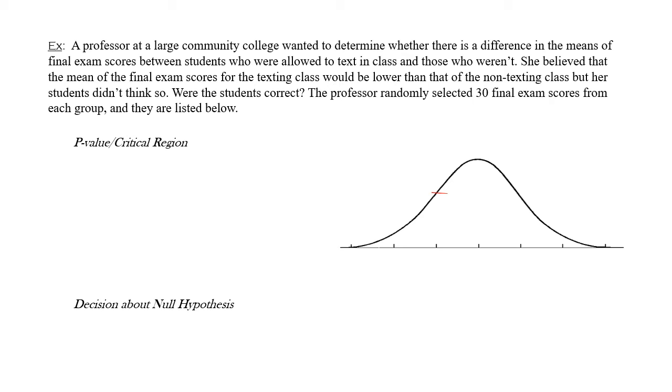So with a test statistic of negative 3.228, that would be pretty much in this territory over here. So it's going to have a very small p-value. And in fact, that's what we observe here, is that the p-value that we get is about 0.001.